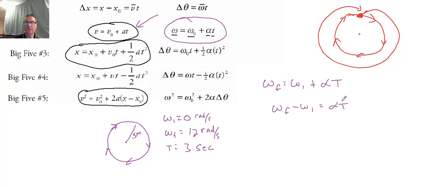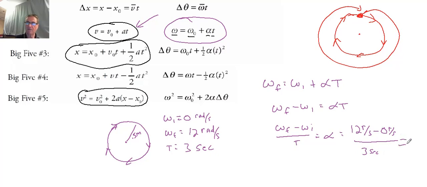I divide each side by t, and I get omega final minus omega initial divided by t equals alpha. I can now solve for alpha. So I've got 12 radians per second minus 0 radians per second divided by 3 seconds, and what I get is 4 radians per second squared. That would be my angular acceleration.